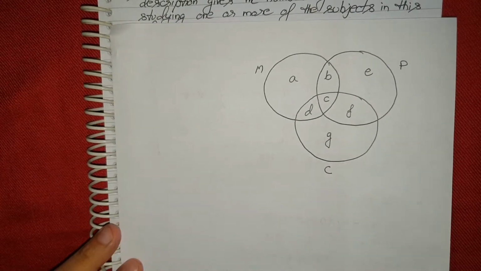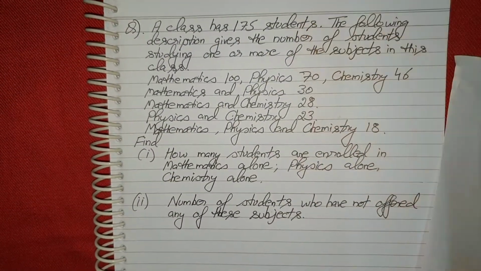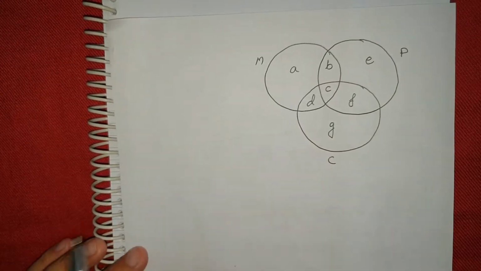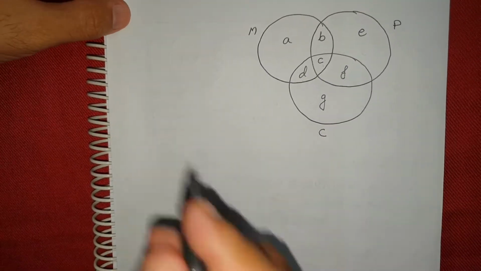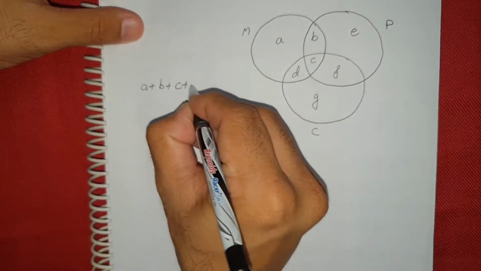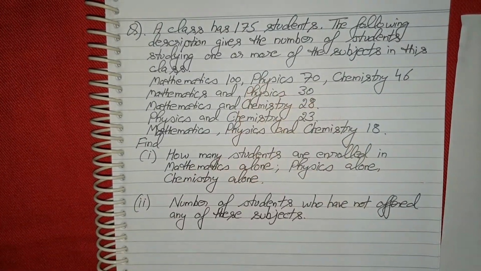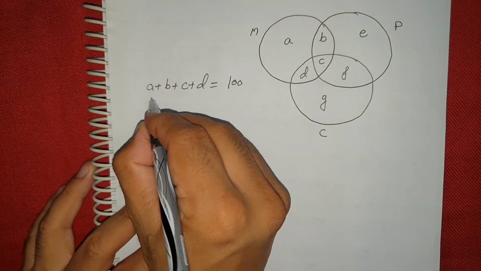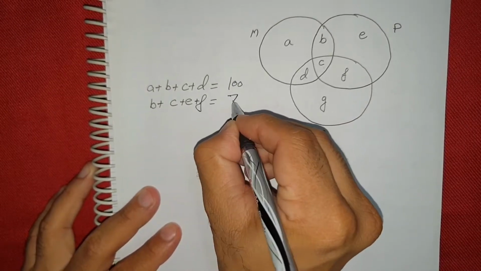So by the following data, it is given that mathematics is 100. Mathematics means including all: A plus B plus C plus D is 100. Next, physics is 70, so B plus C plus E plus F is 70.